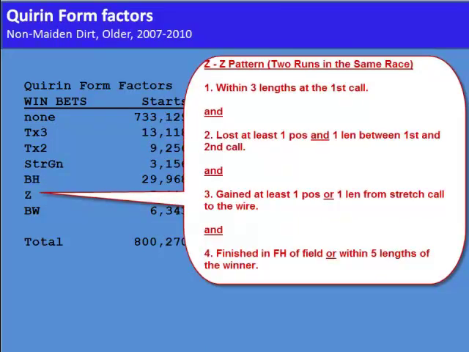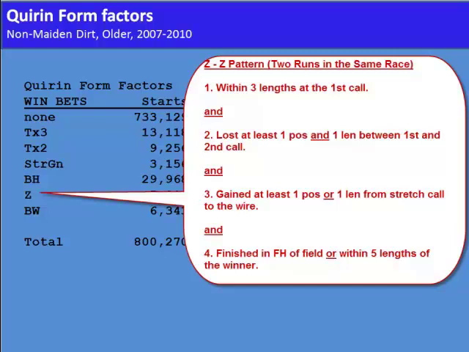Next is what I call the Z pattern. Dr. Quirin called it 2 runs in the same race. And the requirements are, first, the horse had to be within 3 lengths of the leader or the leader himself at the first call. Second, he has to lose at least 1 length and 1 position between the first and the second call.